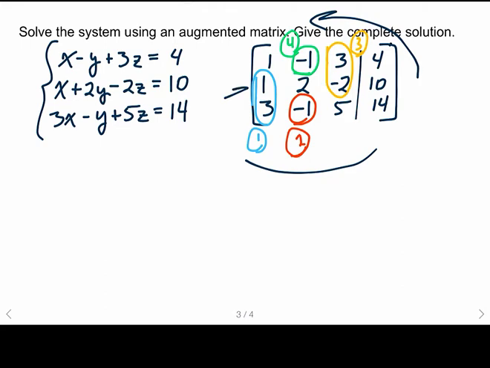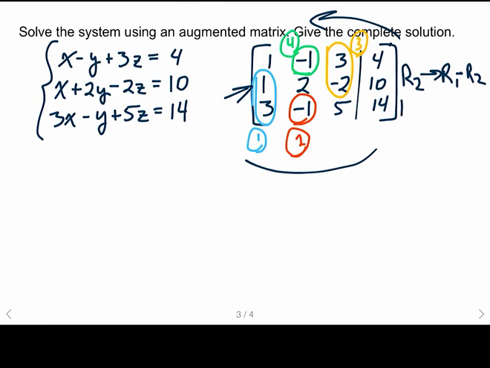Okay, so how do I get my first zero? Looks to me like if I replace row 2 by row 1 minus row 2, I'm going to end up with a 0 in that first entry of the second row.